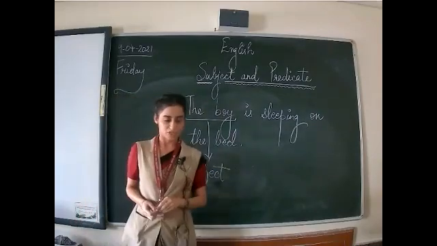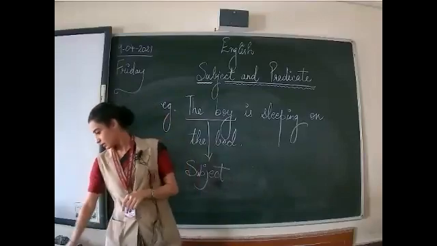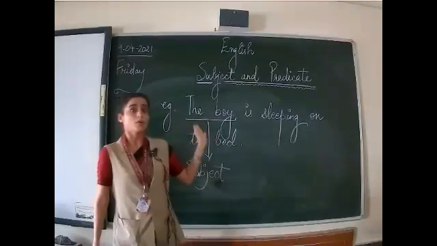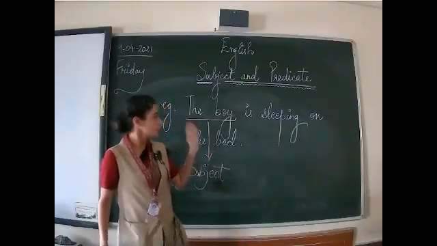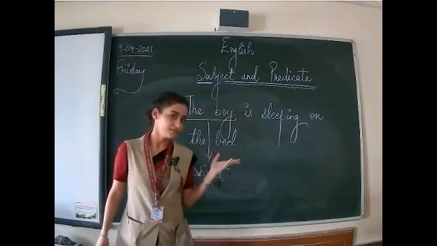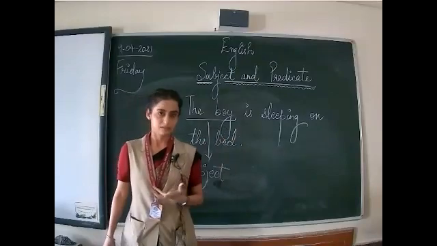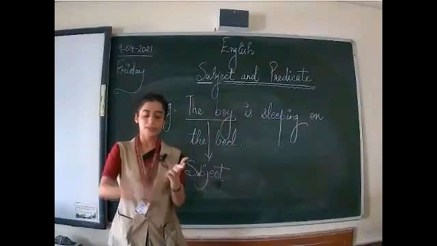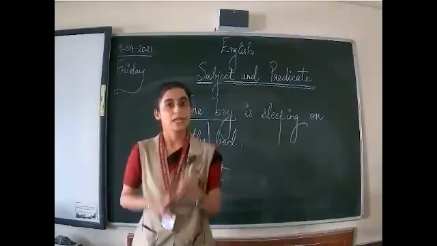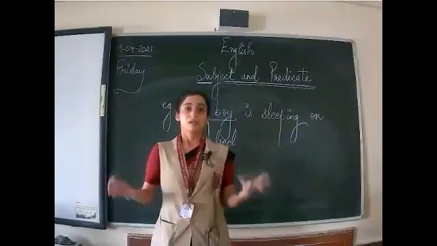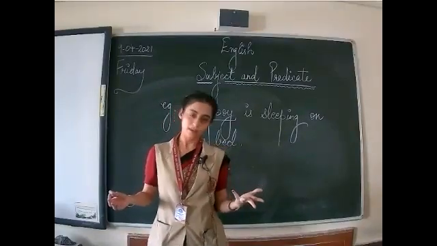Because we are talking about the boy. So very easy, we can identify it like that. So the boy here is a person. Like I told you, a person, a place, or a thing, when we talk about it, is the subject.